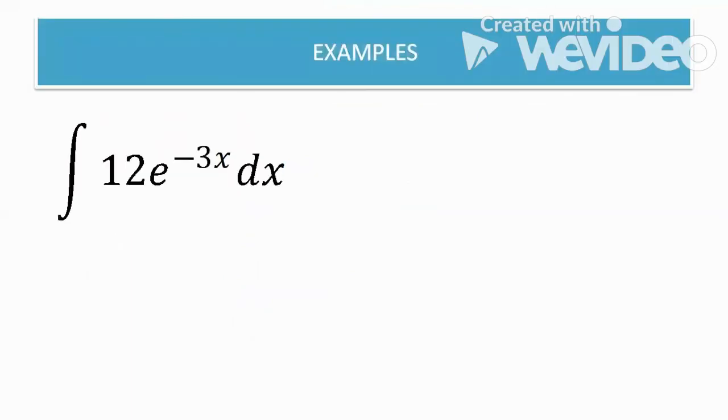All right, so for this one, what we're going to do is pull out the 12 and just have e to the negative 3x. I'm just going to integrate this.